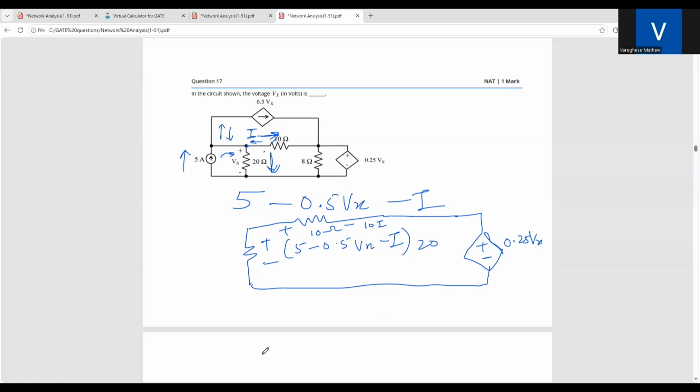What is the equation? Plus 5 minus 0.5 Vx minus I into 20.